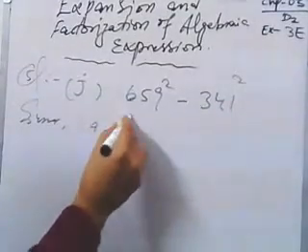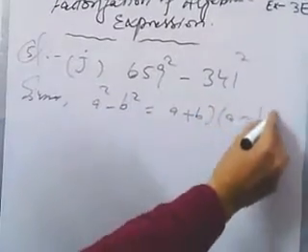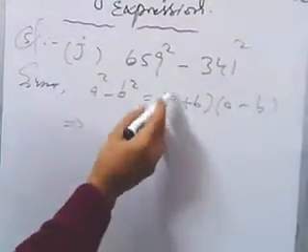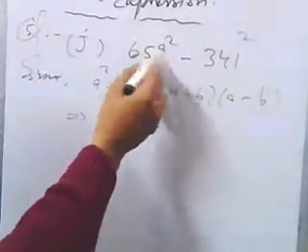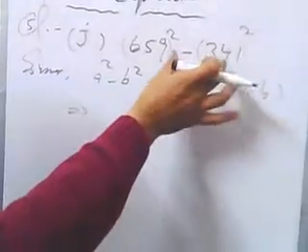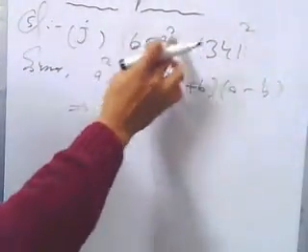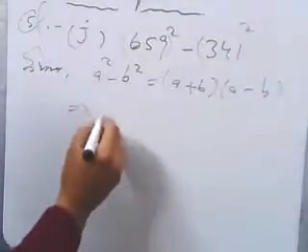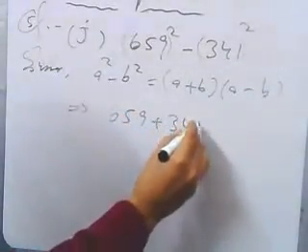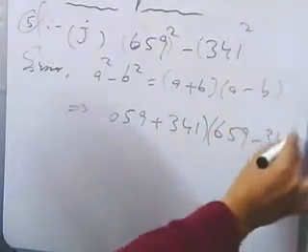You can use the difference of two squares formula, one time positive, one time negative. So apply this formula. Here is your A and here is your B, because it doesn't mean that only the 9 has the square, it means the whole term has the square. So apply this formula, you will get 659 plus 341, and you take minus one time and positive.